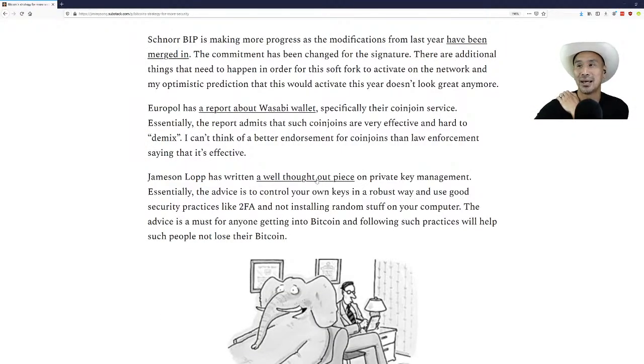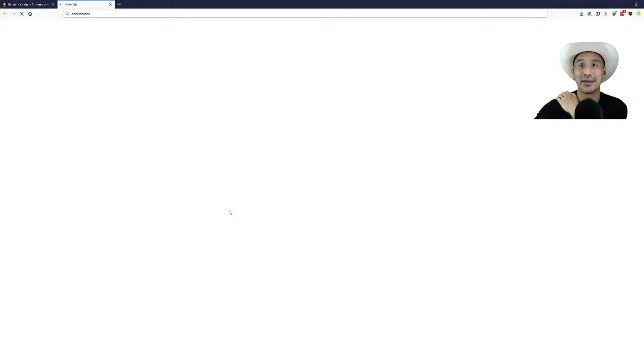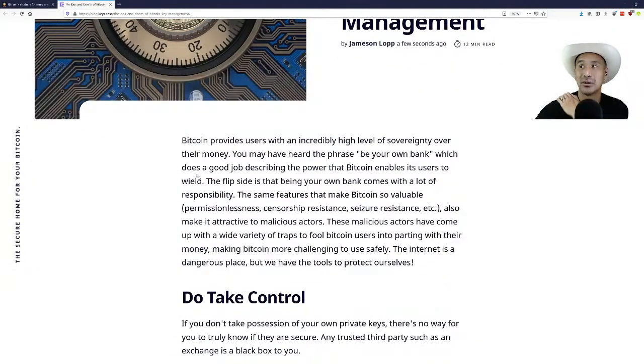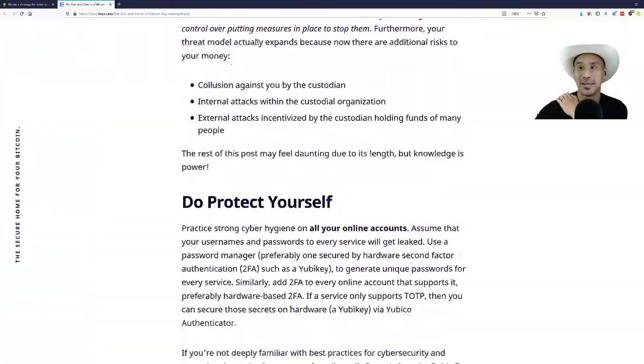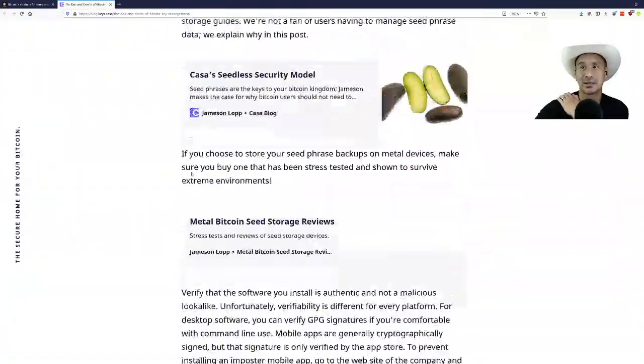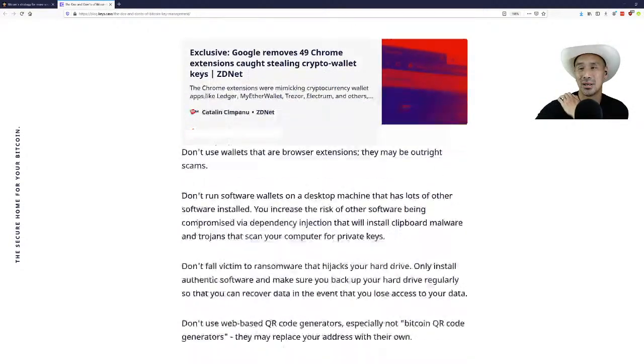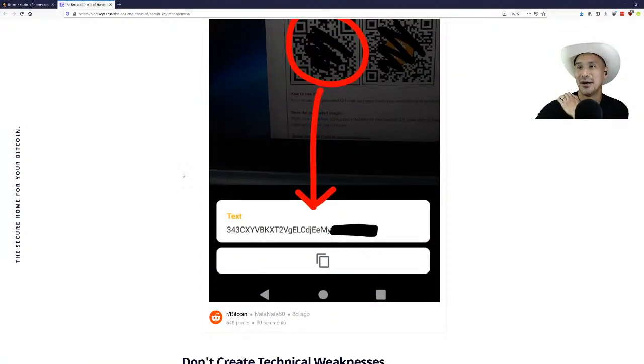Jameson Lopp has this piece on private key management, which I thought was pretty good. The do's and don'ts of Bitcoin private key management. It talks about how to not get phished, typosquatting, installing malware.